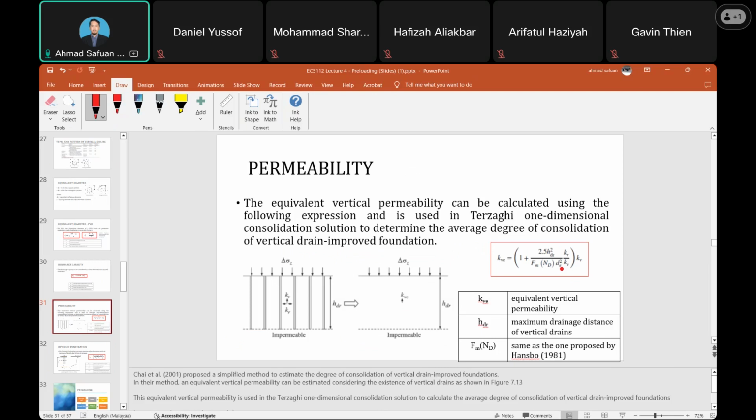So the equivalent vertical probability can be calculated using the following expressions and is used in Terzaghi one-dimensional consolidation solution to determine the average degree of consolidation of vertical drain improved foundations. So then we use this equation to determine the permeability.